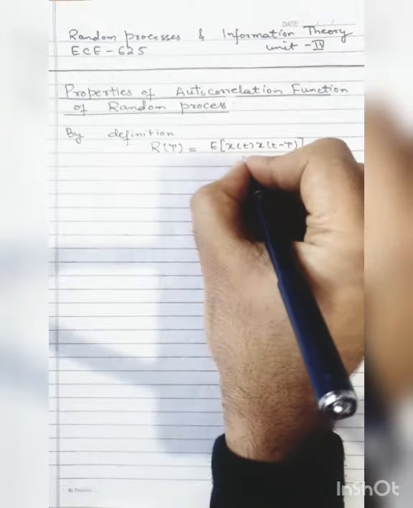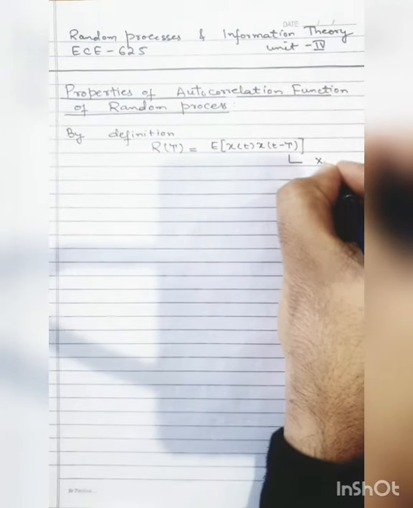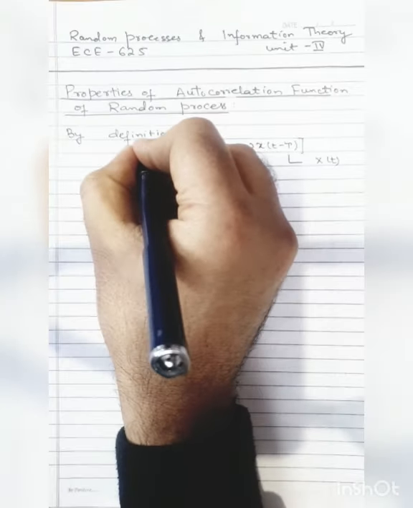So you should always remember that the expectation of x of t and x of t minus tau, of a random process x of t, will give you the autocorrelation function.